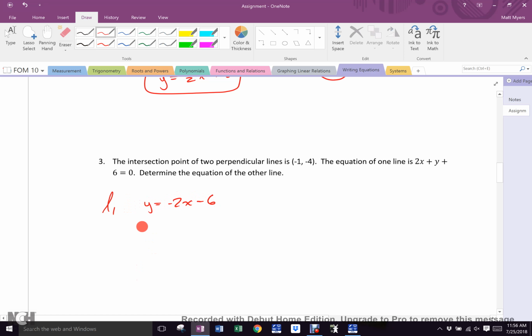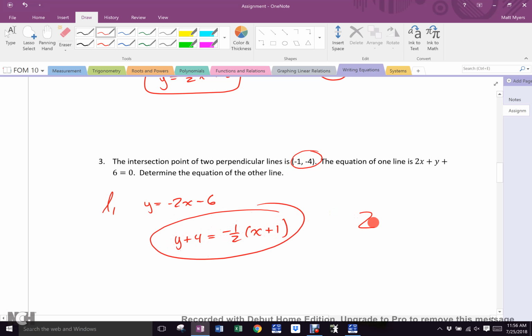The other line has a perpendicular slope and that point. What's perpendicular to negative 2? 1/2 and that point. So y plus 4 equals negative 1/2 x plus 1. Also for 2 marks.